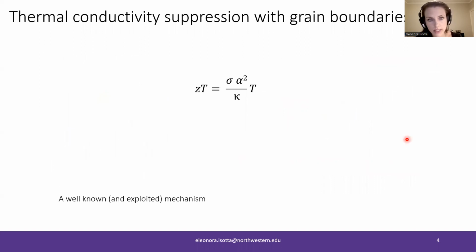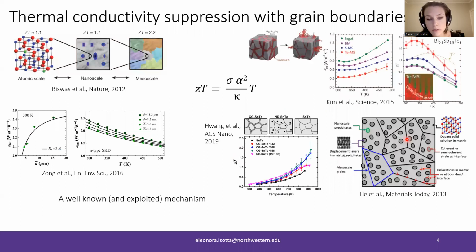And in the last 2 decades of thermoelectric research, countless studies have employed grain boundaries or some other forms of nano or microstructuring to suppress the thermal conductivity. So grain boundaries are a really well-known and exploited mechanism.